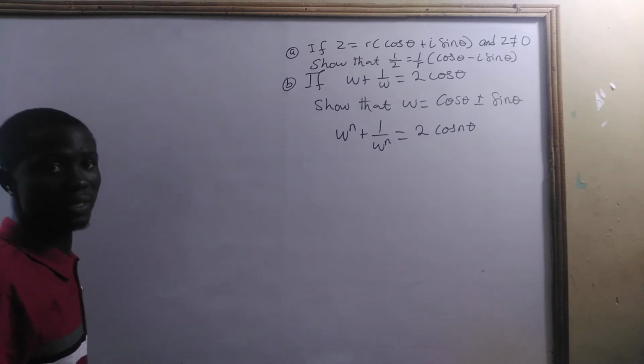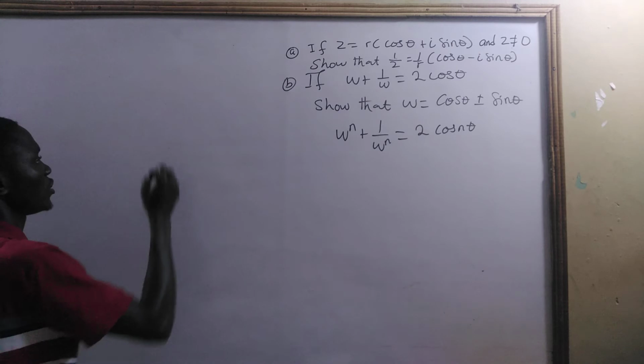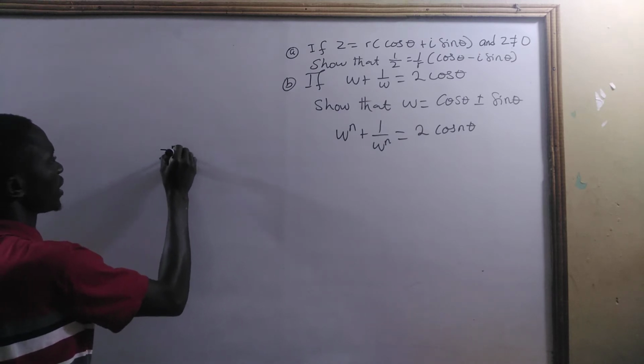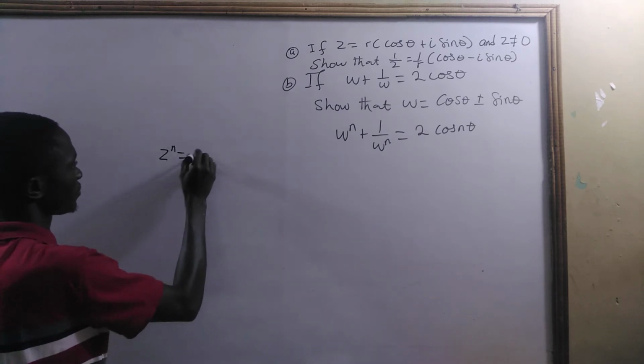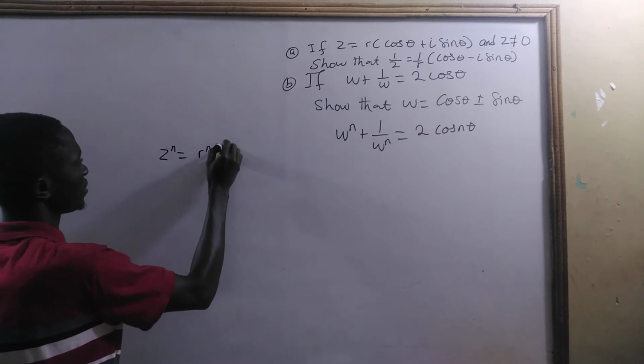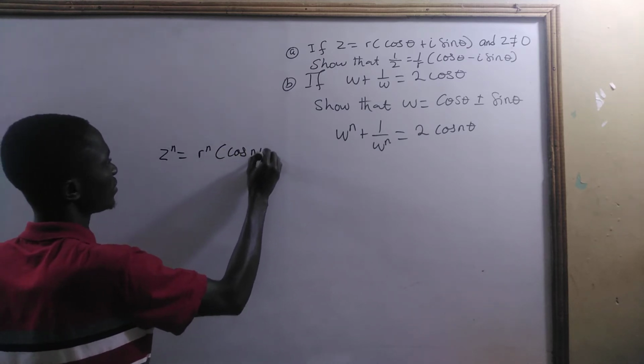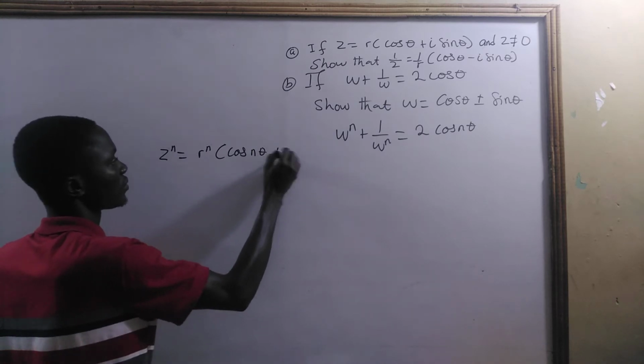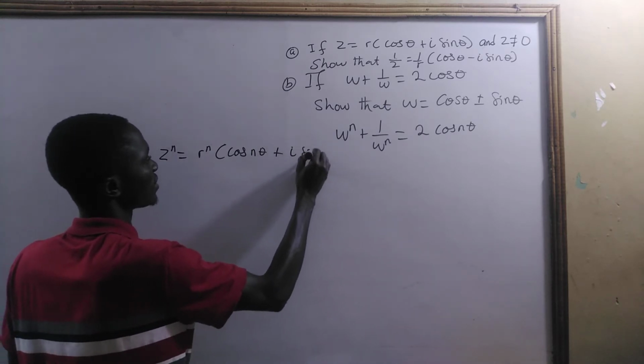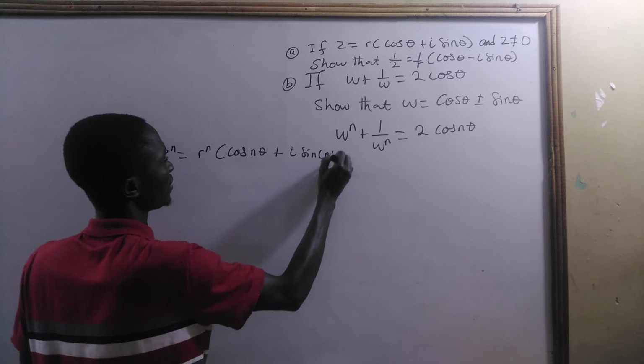From De Moivre's theorem, we know that z to the power n is equal to r to the power n times (cosine of n theta plus i sine of n theta).